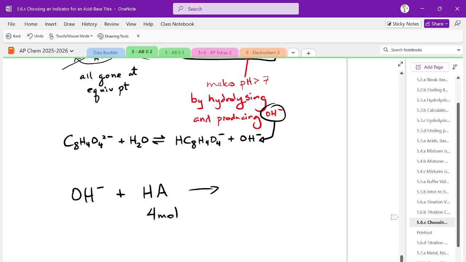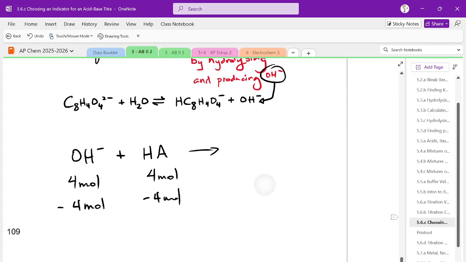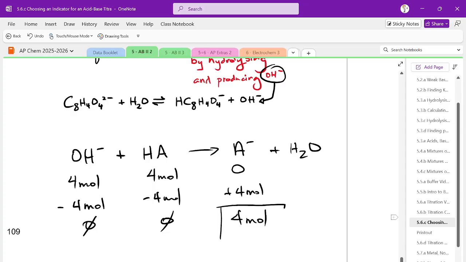At the equivalence point, you will have added how many moles of OH? 4 moles, which means that these are both going to go down by 4 moles, which leaves you with 0. And that means that this is going to go up by 4 moles. So all you have now is the base form.